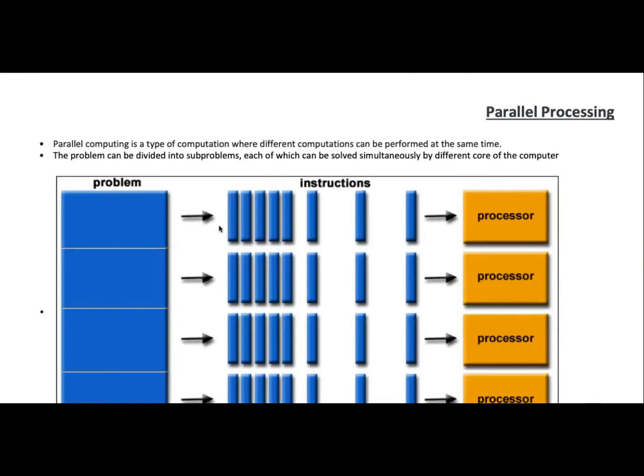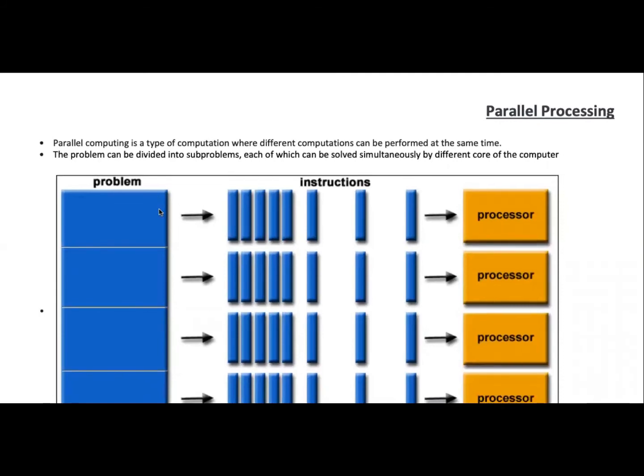Let's say you have a really large problem, and you are handling it one computation at a time by one CPU, or more precisely by one core of a CPU. It would take an enormous amount of time. To make the program efficient, we either use a distributed system, or we make our system multi-core.